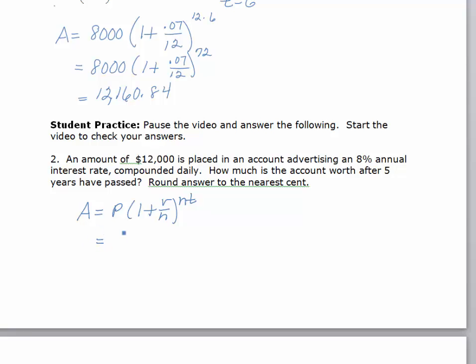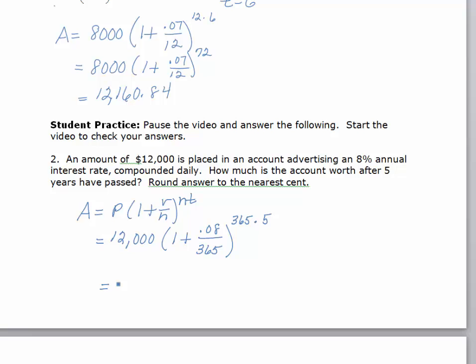We don't know what A is. P is 12,000. Then 1 plus 0.08, which is our interest rate. n is the number of times we're compounding, and since we're compounding daily, we're going to divide by 365. And then we're going to have n times t, which is 365 times 5.